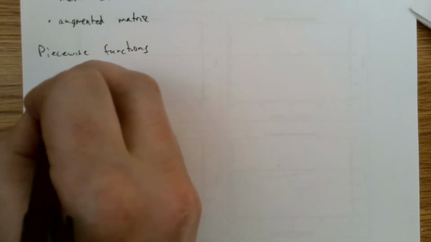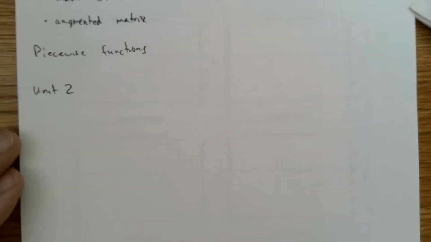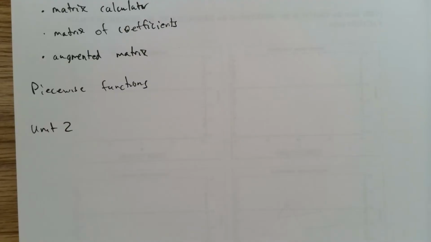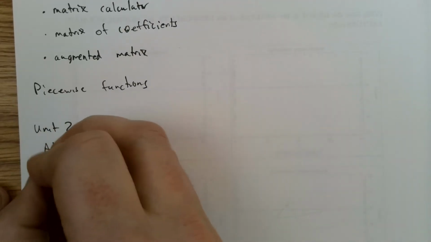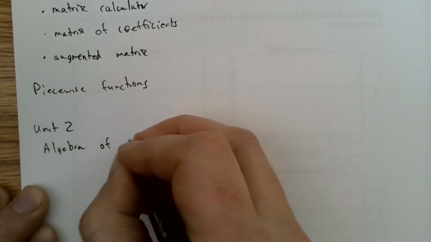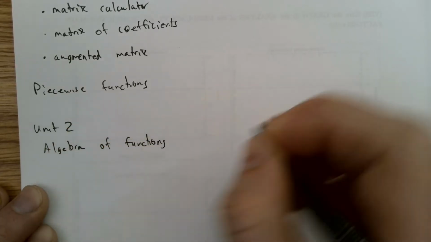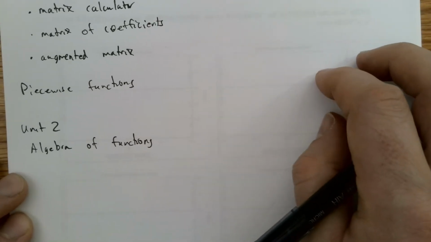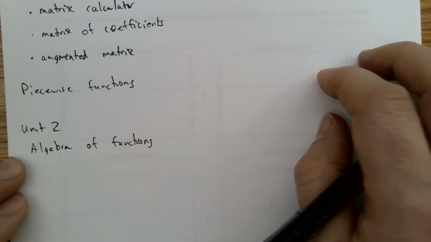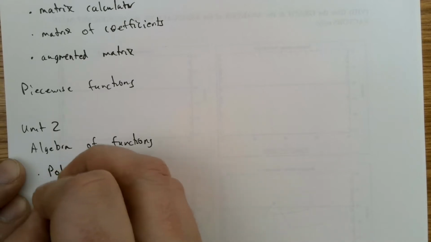So Unit 2 was again more general things. So we looked at the algebra of functions. Such things as addition and subtraction of different things. We started with defining the polynomial function.